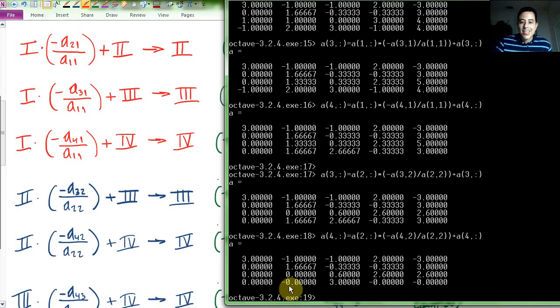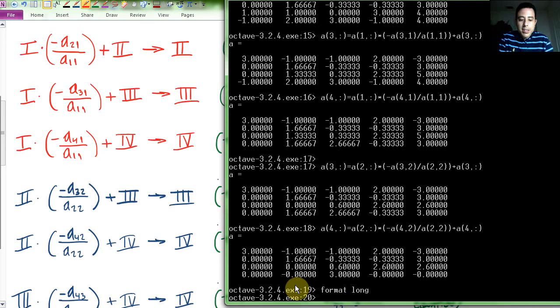Alright. Octave is pretty funny here. It put -0. That's because there's a round off error in there. This is actually very close to 0. If we do format long, you will see what that is. Oops, I don't want to do the operation again.